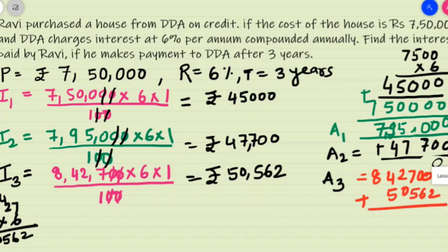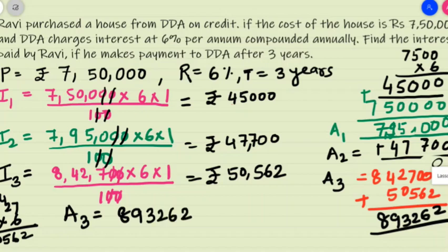So let us see what is the answer. 2 6 7 and 5 12, 2 1 3 4 and 5 9 8. 8,93,262.